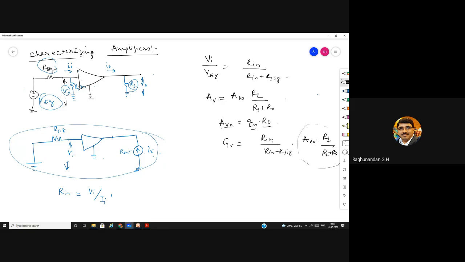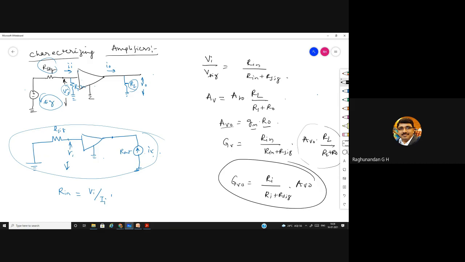This is with respect to the output side, where we find the output voltage lying across RL, and this is with respect to the input. Then Gv0 is equal to Rin by Rin plus Rsig into Av0. So this is the overall voltage gain.